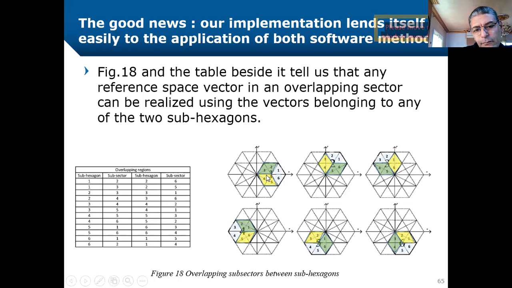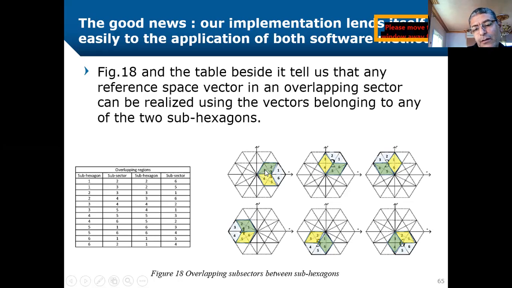If the space vector is here, we have complete freedom to realize this space vector using sub-hexa 1 as a native choice.